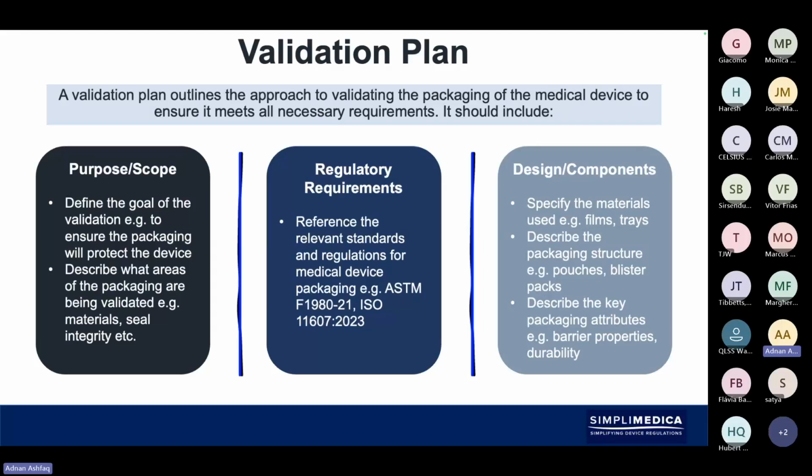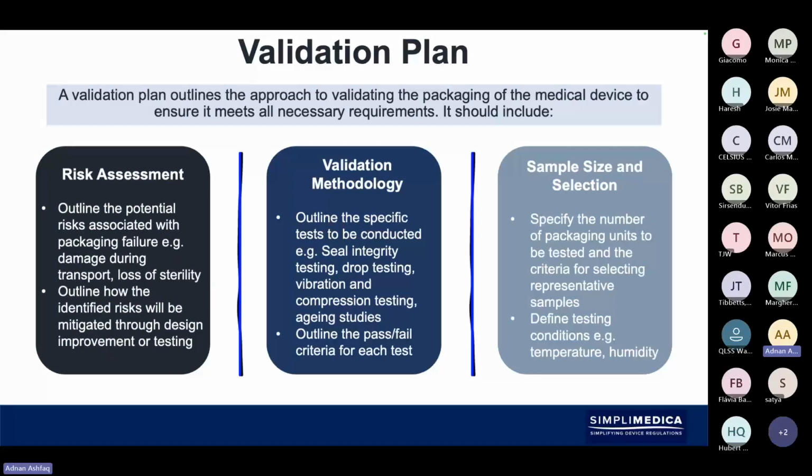There are different materials, whether seal integrity is a thing, and the different regulatory requirements. Look at the standards and the design components, specify the materials used, for example the films, the trays, etc., and then look at the packaging attributes, barrier properties, durability, and also risk assessment: outline the potential risks associated with the packaging failure, what sort of things can go wrong.